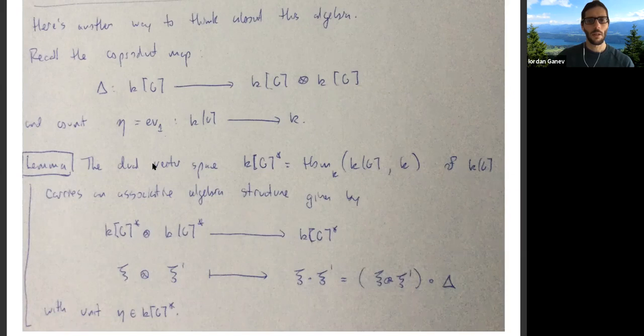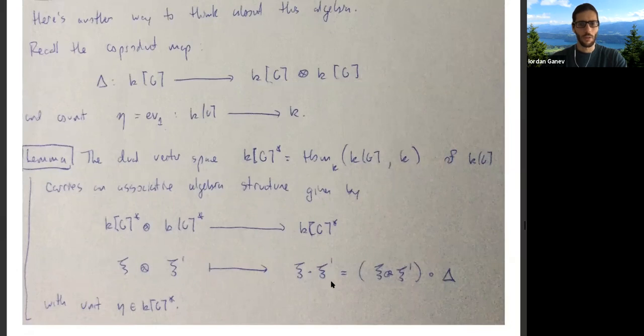And what happens is that if we take any coalgebra and look at its dual vector space, then that has an associative algebra structure on it. So coalgebras become algebras upon taking duals. In this case, we're interested in the dual space of the affine algebra of G, so just all linear homs from K[G] to the field. The algebra structure is given by precomposition with the coproduct.